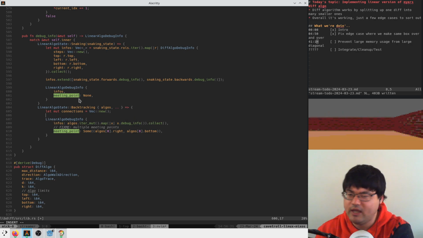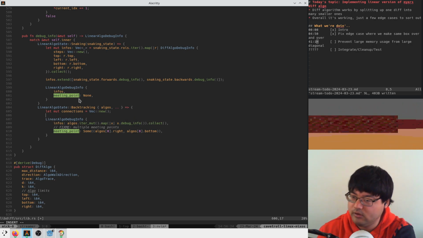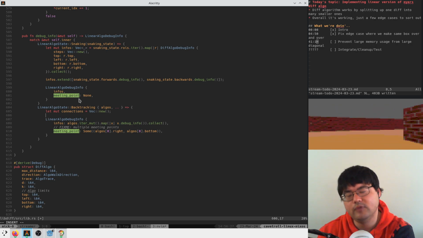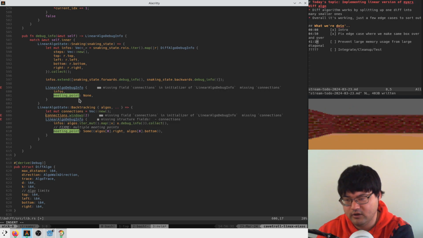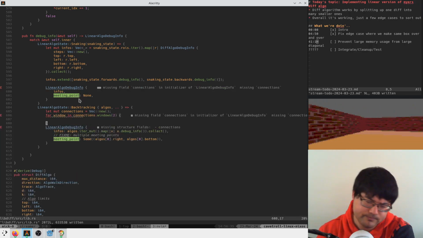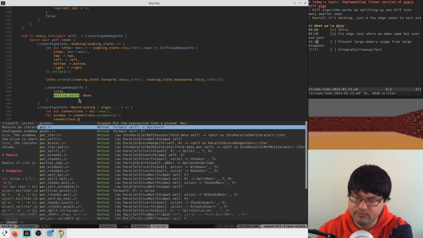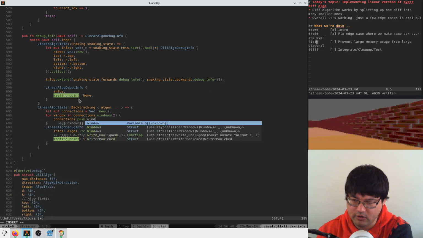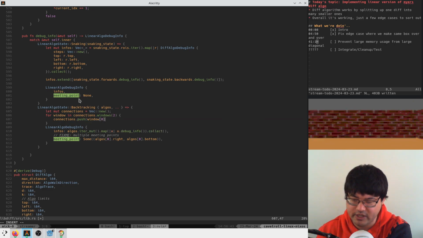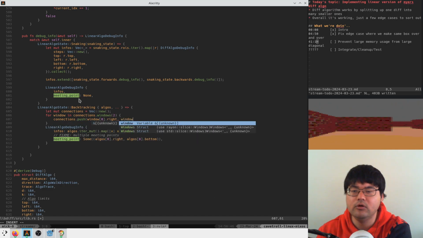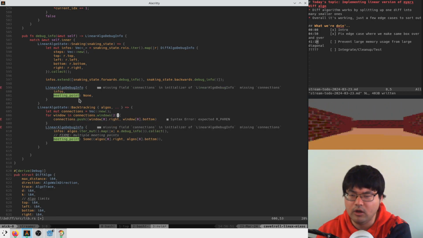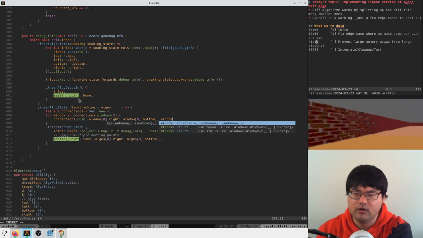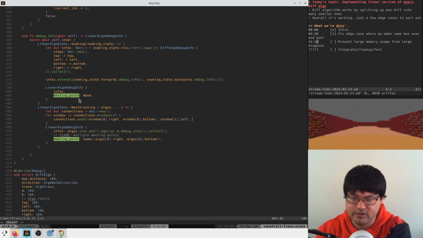And then here we can say connections is going to be something like: we're going to look at each of the algorithms that we're currently backtracking and look at them in windows. So for window in windows, connections push the window's first thing's bottom right, and then the second thing's top left.